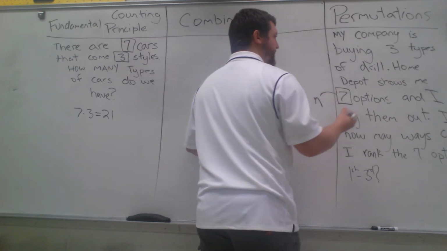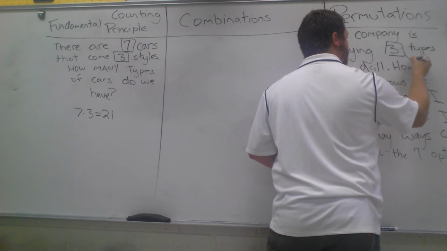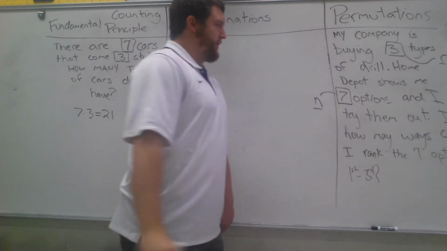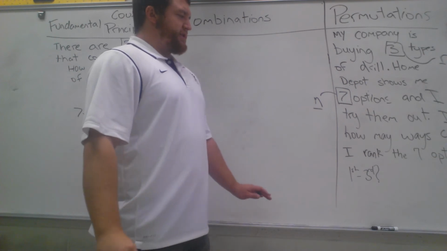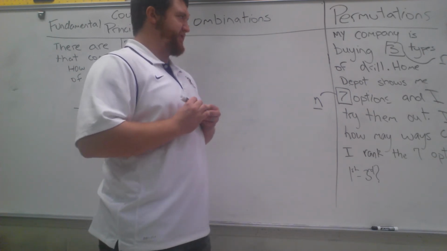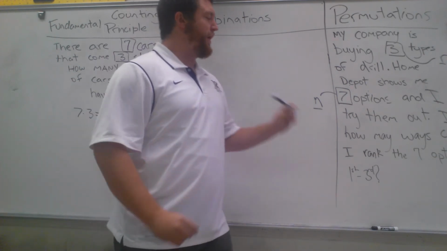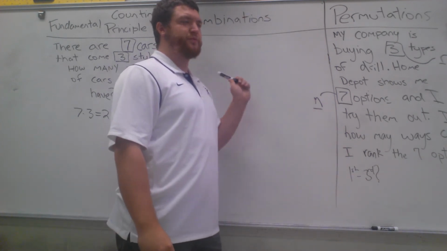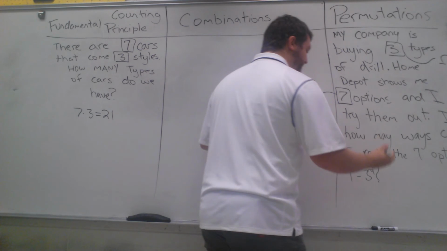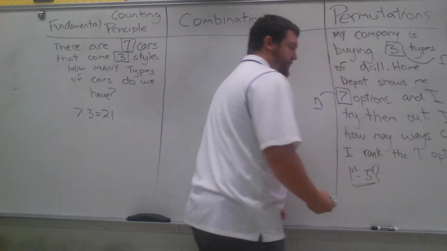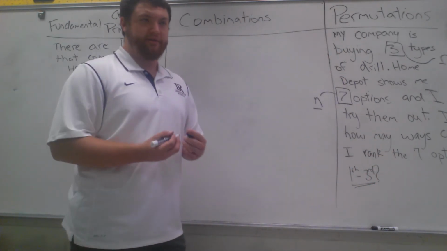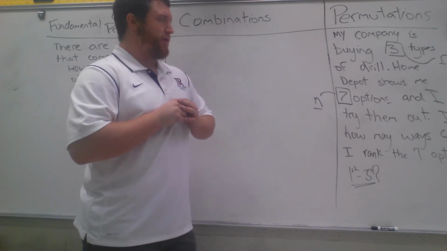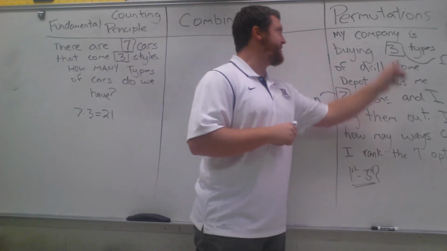Good, N. 3 is my R. So now I'm going to rewrite this and solve it, because that's all you need to find is N and R. Now, why is this a permutation and not a combination? Because I'm putting them in an order that matters. First, second, third matter. That's how I'm going to buy them when I rank them. Therefore, if order matters, it is a permutation.